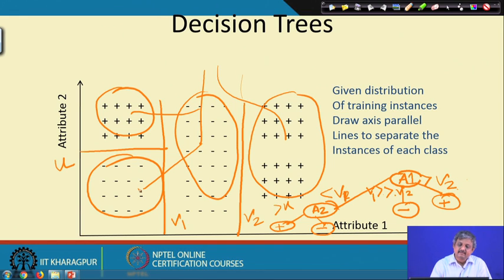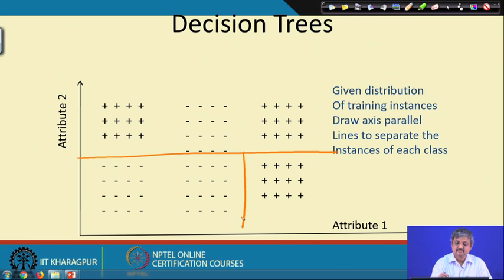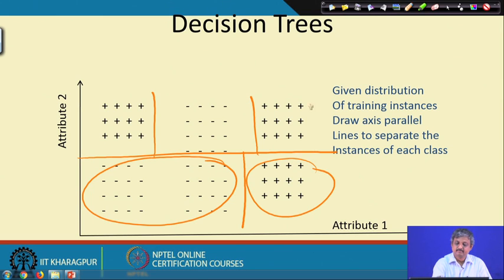I could have as well drawn another decision tree like this. I could have maybe first split on this, and then split each of the regions further on this and then on this. Then also I get pure leaf classes.